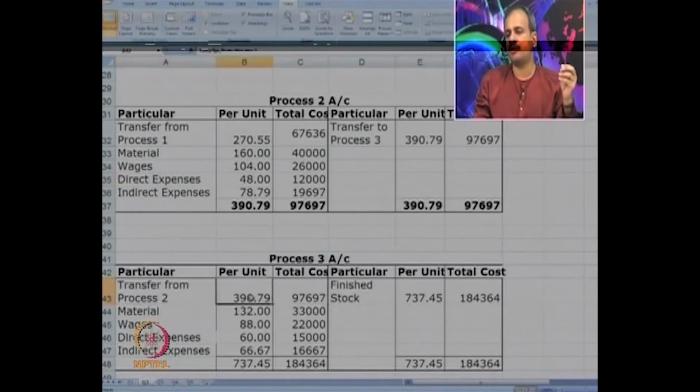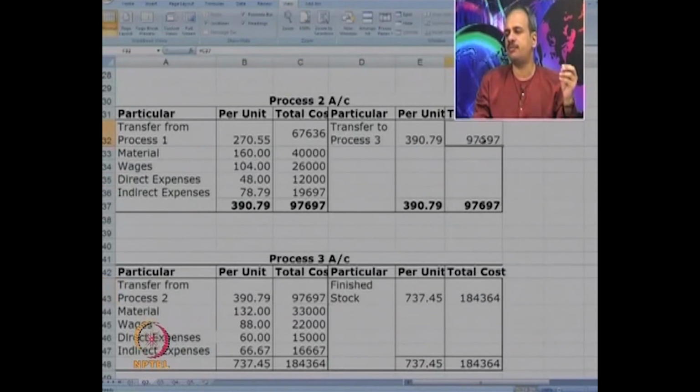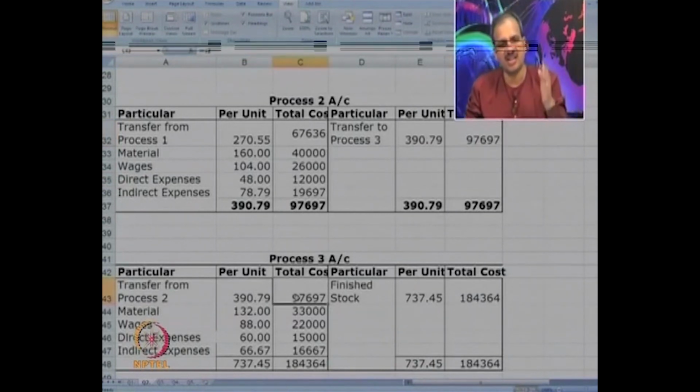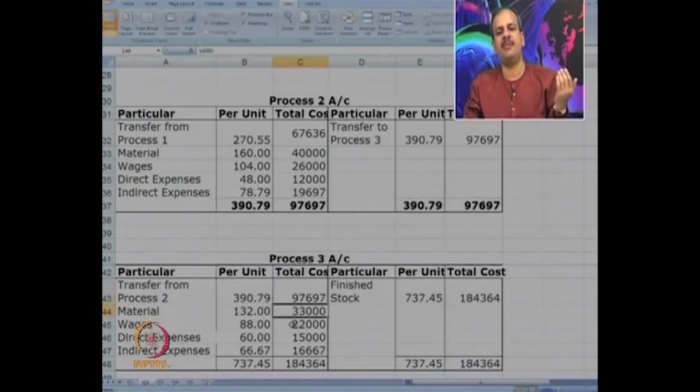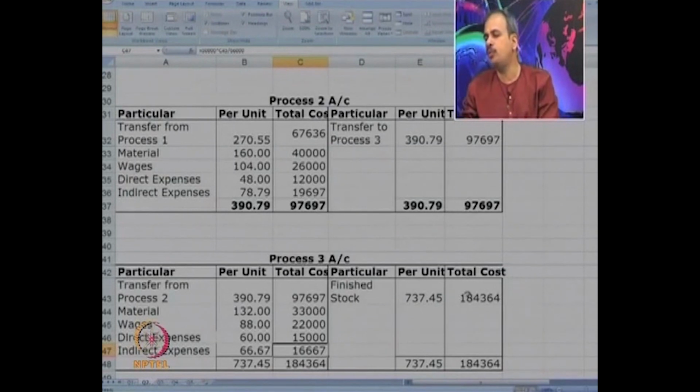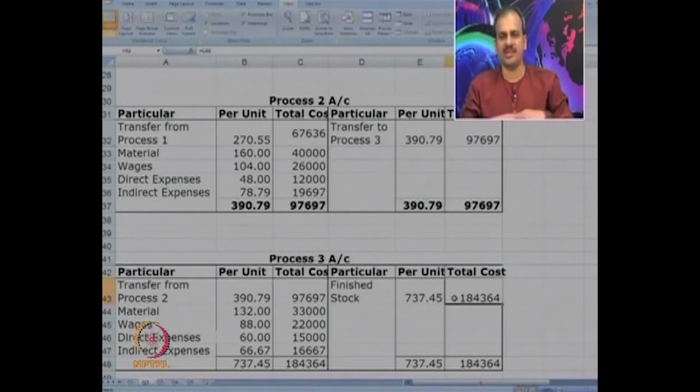So transfer from process 2, 97,697 is first charge in process 3. Then we add material, labor, direct expenses and indirect expenses. And the entire amount is now ready because we had only 3 processes, process 1, 2 and 3. So the output is now transferred to finished stock account. I hope it's very clear now how to make process accounts.